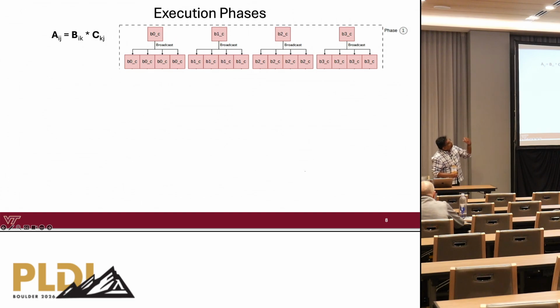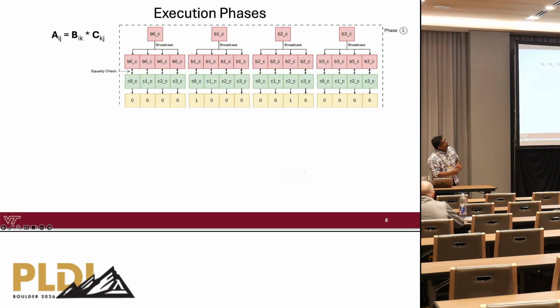So I'm going to broadcast these indices to vector lanes, compare them against the indices of matrix C, and create a vector mask.